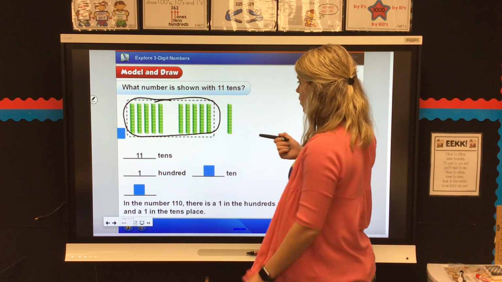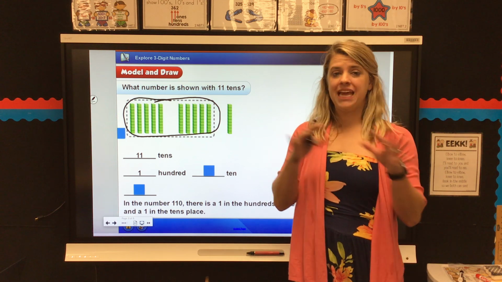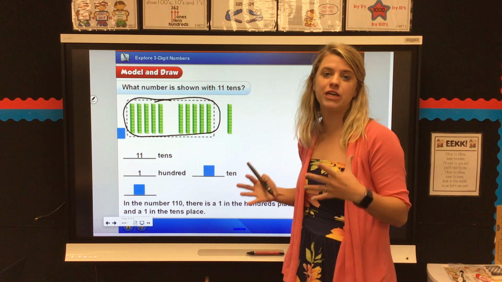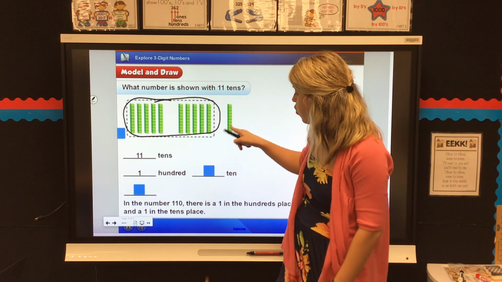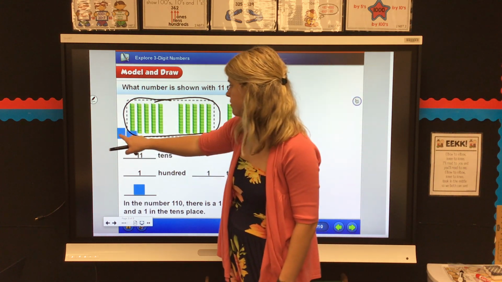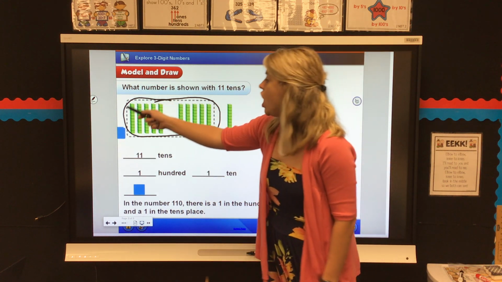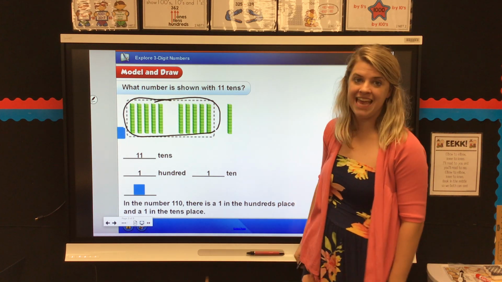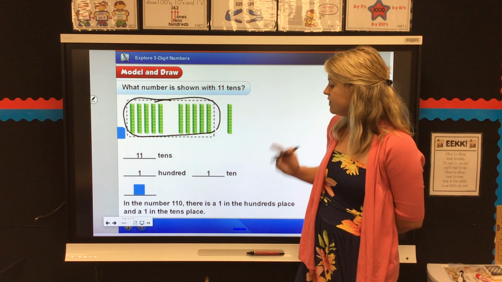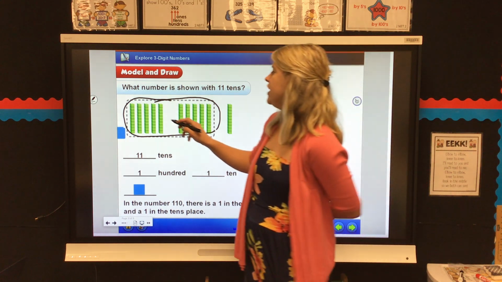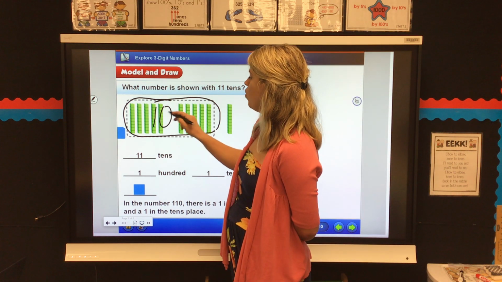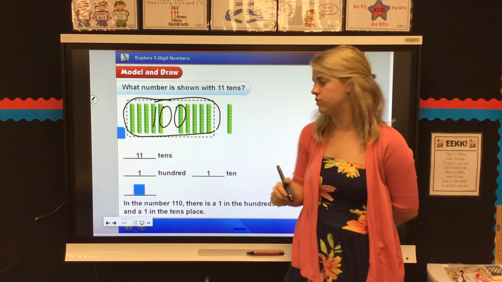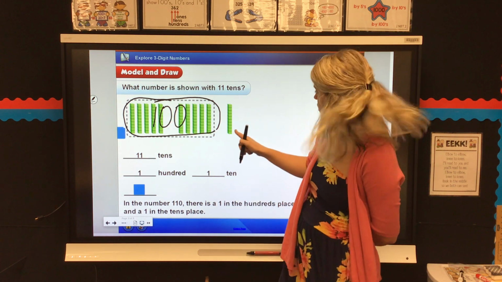But look at what happened. Instead of being able to make nice even hundreds like we could yesterday, we have 1 10 rod left over. So we have 100 and 10. All right, let's see what we're going to do. We know that this is the same as saying 100, right? Because it's a 100 flat. And then we're going to count by tens when we see these.